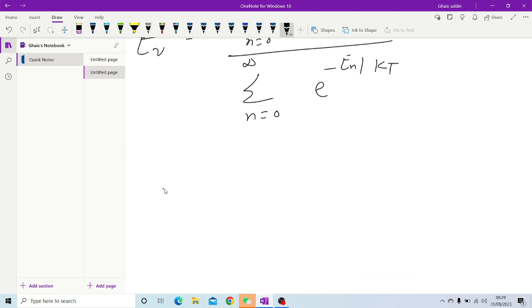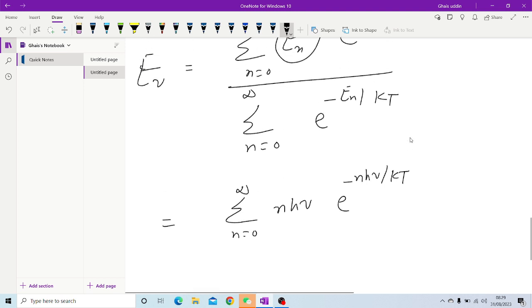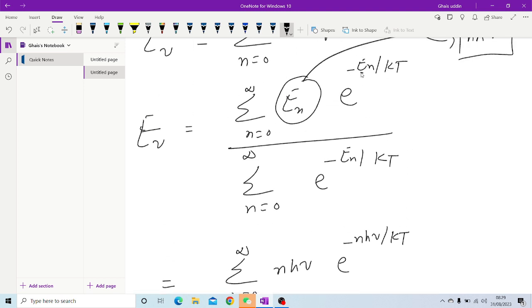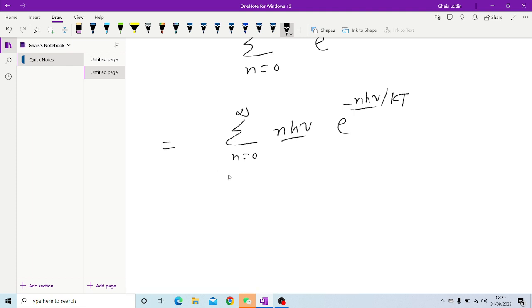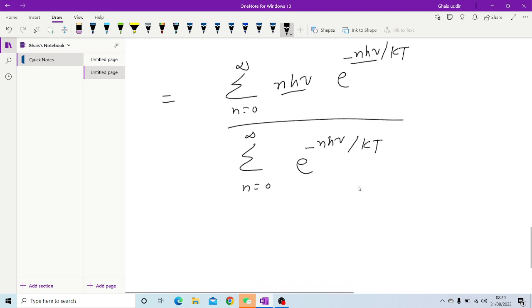So this becomes the summation of nh nu e to the power minus nh nu divided by kT, divided by the summation of e to the power minus nh nu divided by kT. This is a very easy calculation.